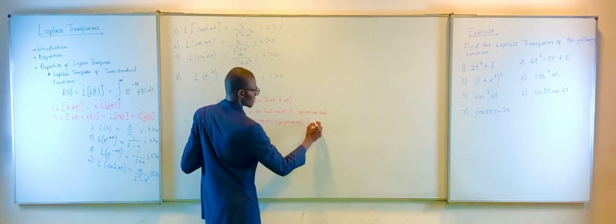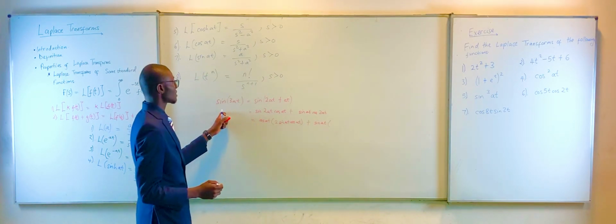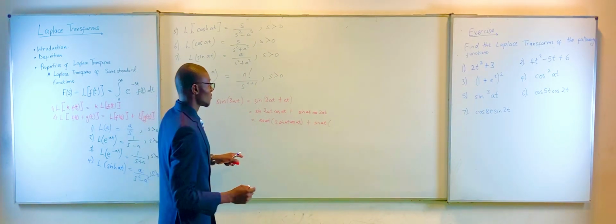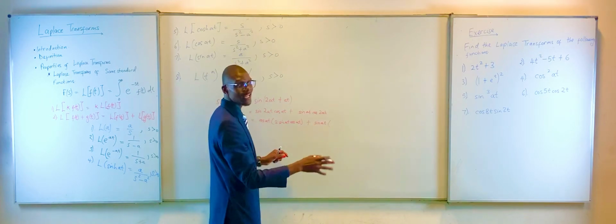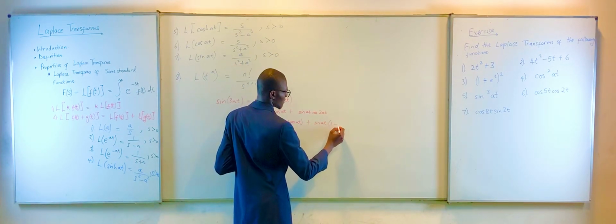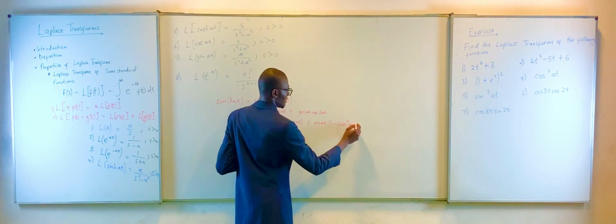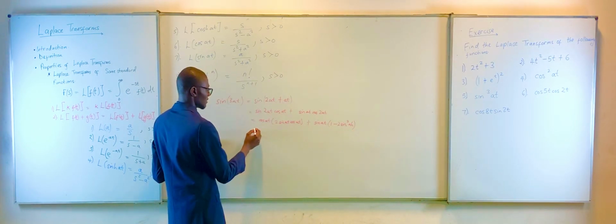Then plus sine at. So in this case, we need sine cubed, so we shall eliminate anything that will give us a cos. So we put 1 minus 2 sine squared at, like that.